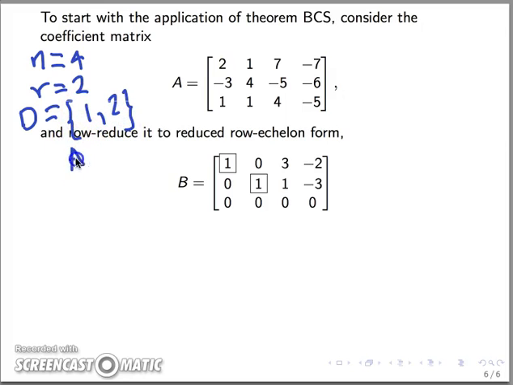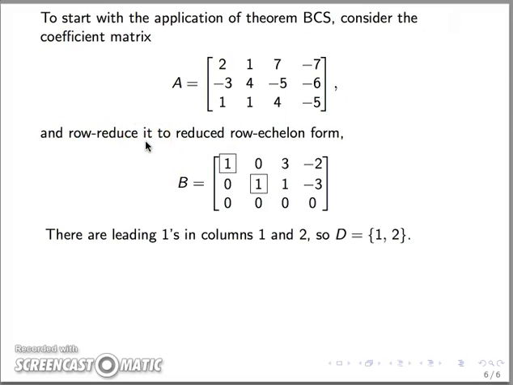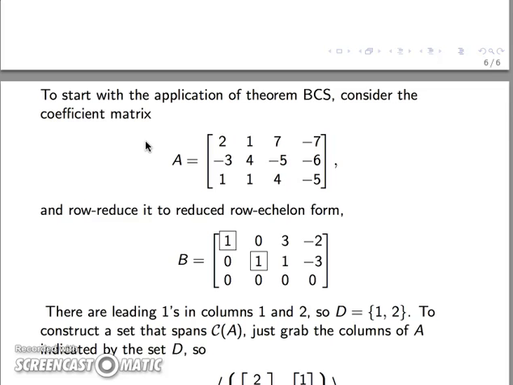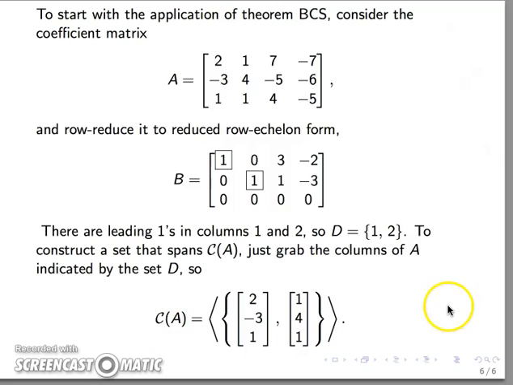In other words, we're going to be interested in columns A1 and A sub 2. The set out of the original set of 4 columns that contains column 1 and column 2 has the spanning property.